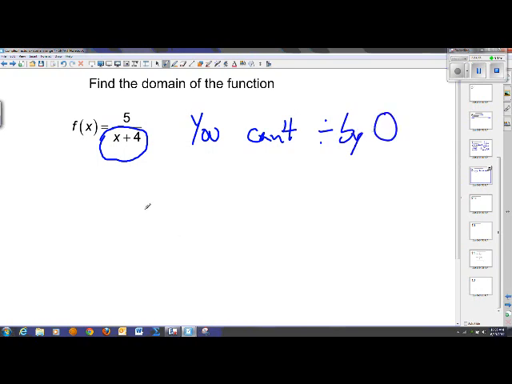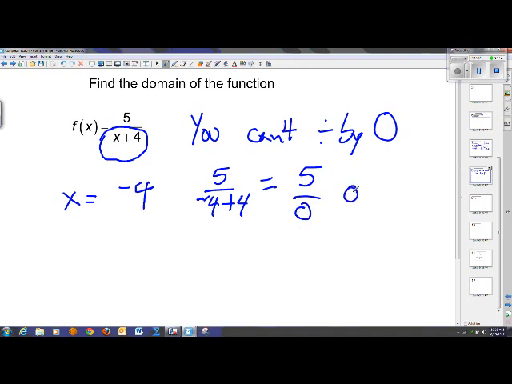So if that's true, when I plug a -4 in for x, I get 5 over -4 plus 4, which gives me 5 over 0.